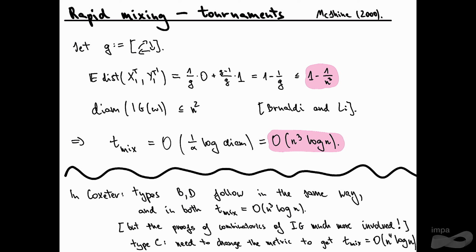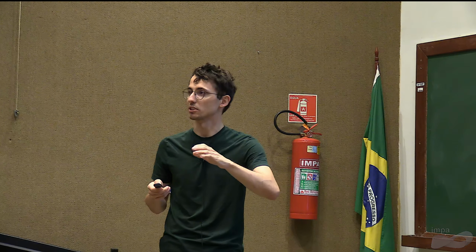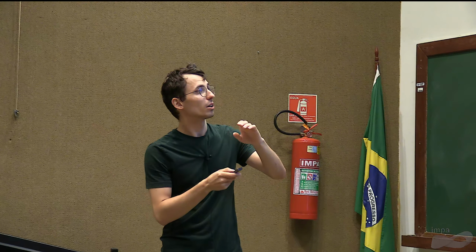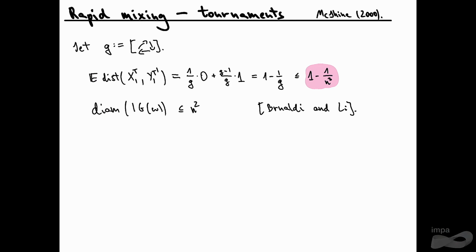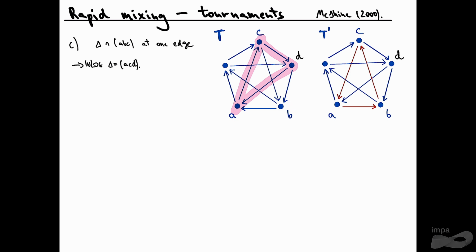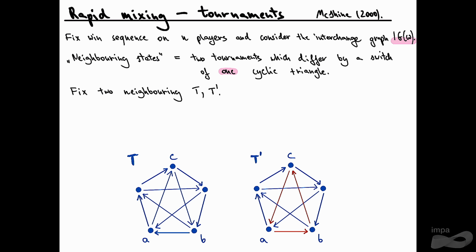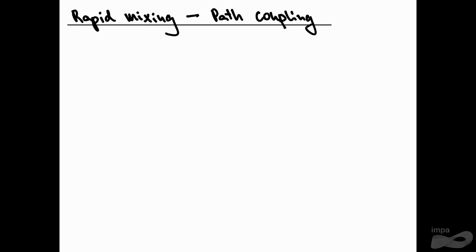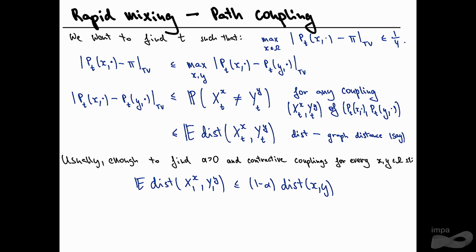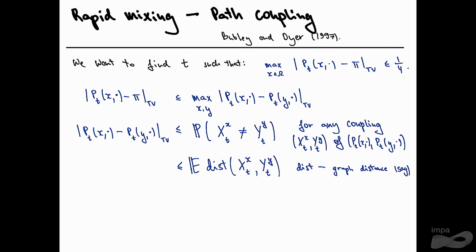But actually, there is another step in the story. You can get something better. Let me come back a little bit. Here, in the step of path coupling, the fact that this distance metric is graph distance is sort of arbitrary, and we don't really care about that.